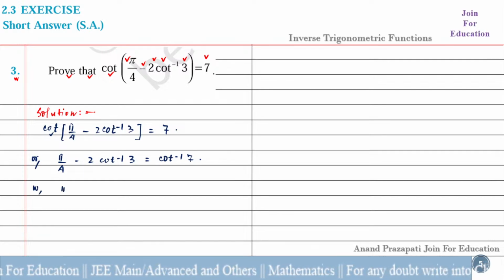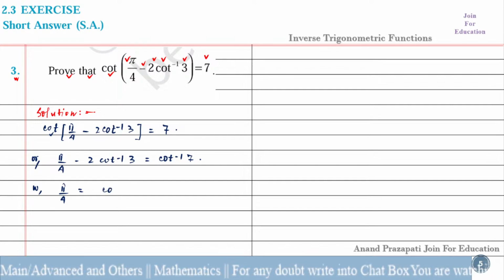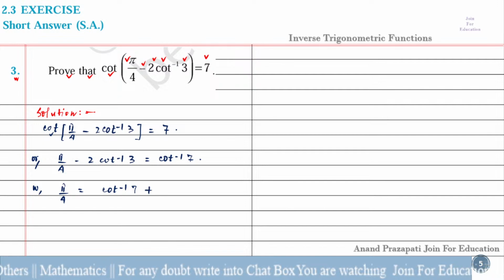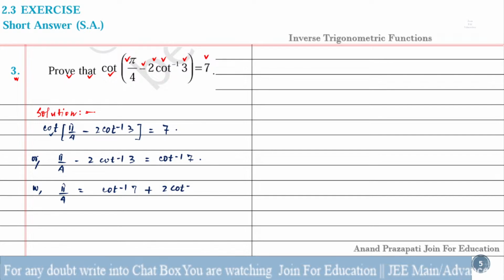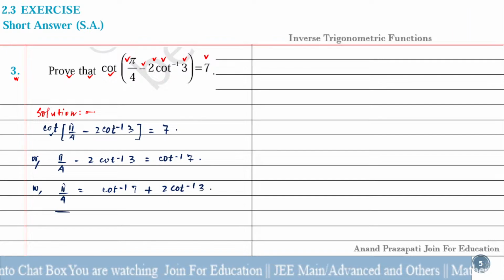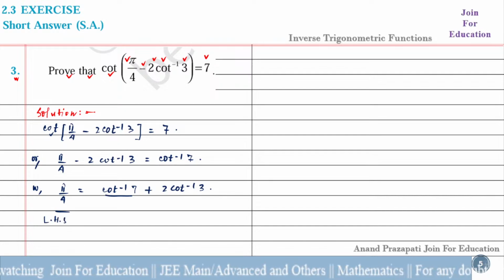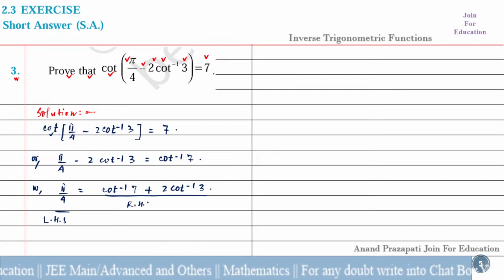Therefore, here pi by 4 equal to cot inverse 7 plus 2 cot inverse 3. Suppose this is the LHS and this is the RHS.